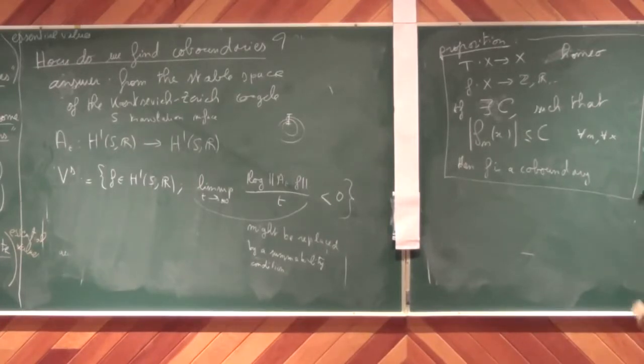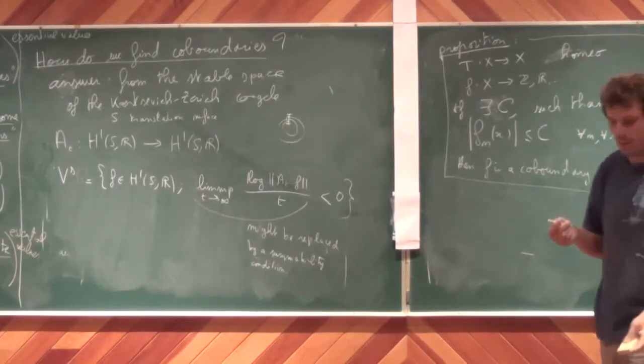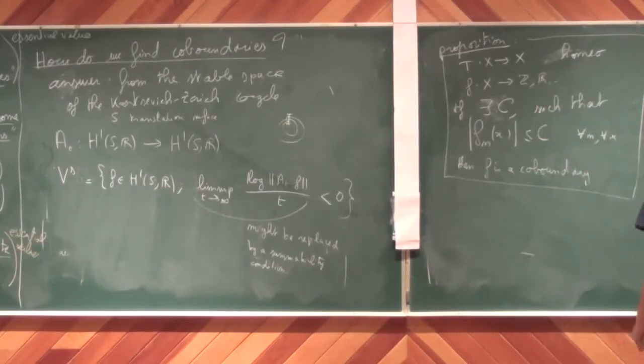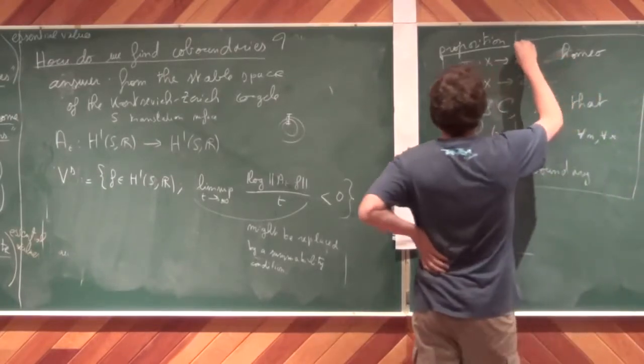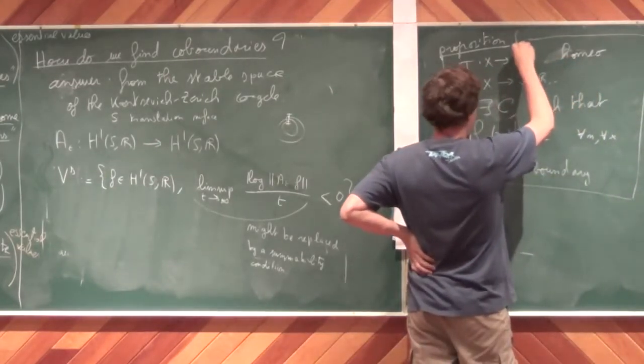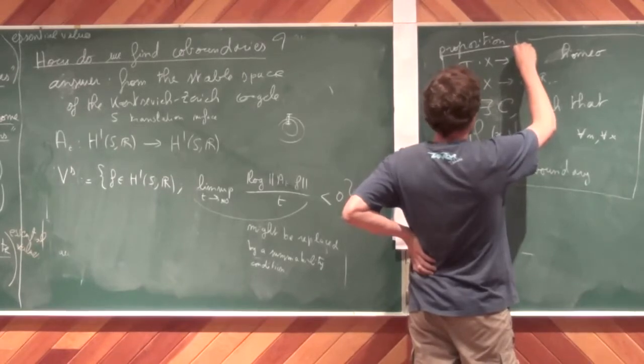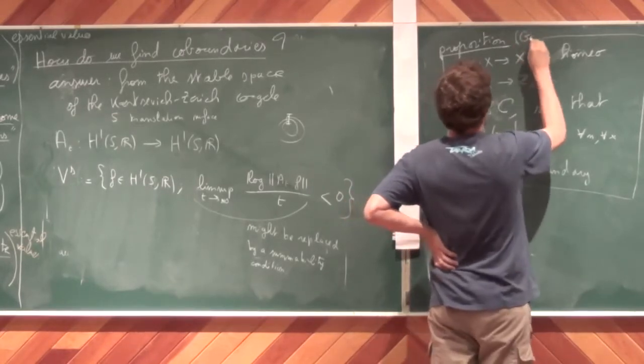You prefer to have minimality? It's okay, don't worry about it. If you have minimality, you can assume that for one point. If T is the identity, the function can only be 0.